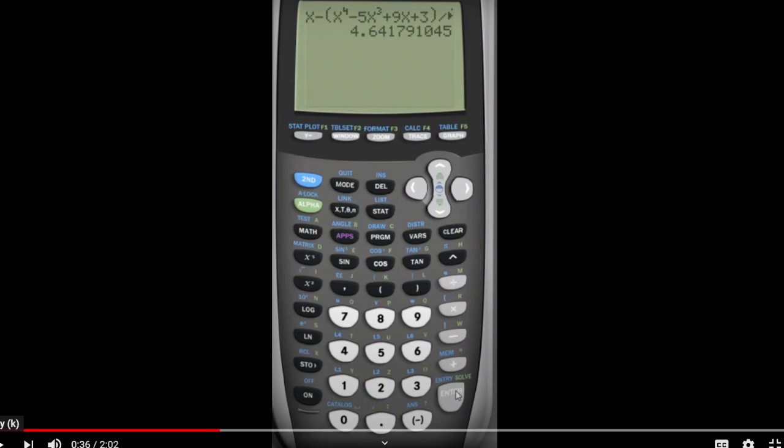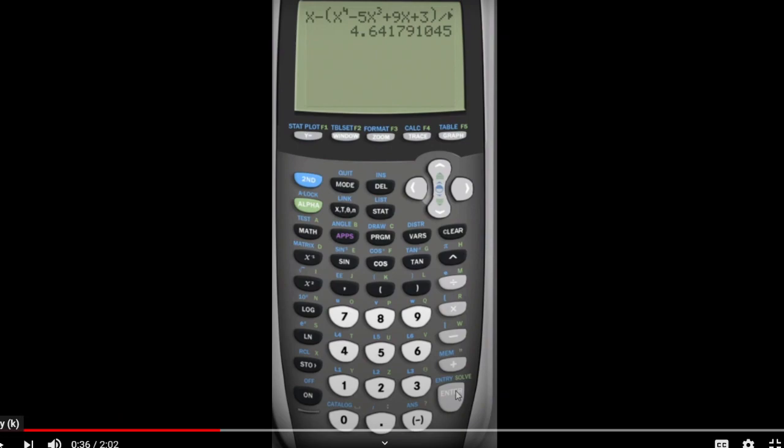The number calculated is x1. This is the value of x1. Remember, x0 is 5. That's how you use x0 to compute x1 on your calculator. You do not write this number down. Instead, you store this number back again into x on your calculator.